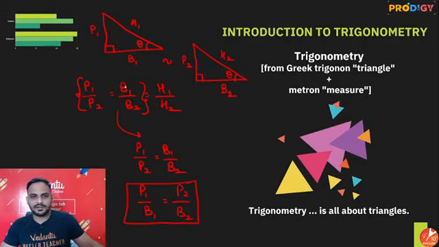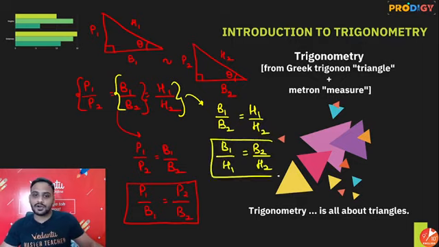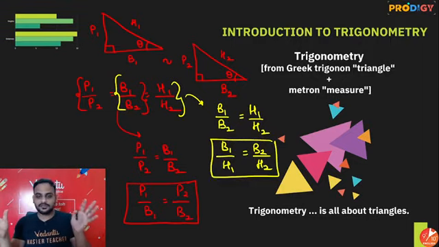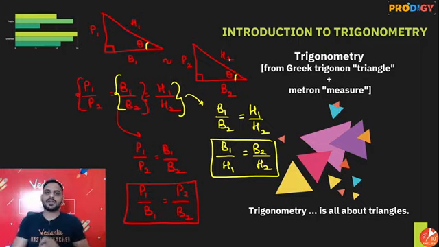Okay. Similarly, if I take these two ratios, I can say B1 upon B2 is equal to H1 upon H2. Interchange it, you are getting B1 upon H1 is equal to B2 upon H2. So again, what is it saying? It is saying that if the two right angle triangles are there, in which this angle theta is fixed, then the ratio of base and hypotenuse of this triangle is same as the ratio of base and hypotenuse of another triangle.